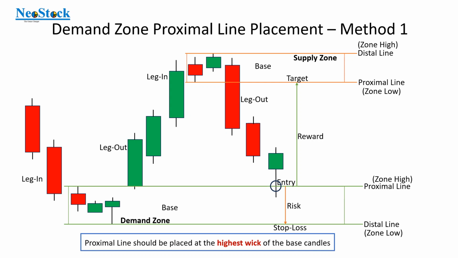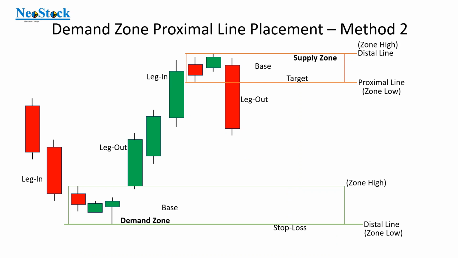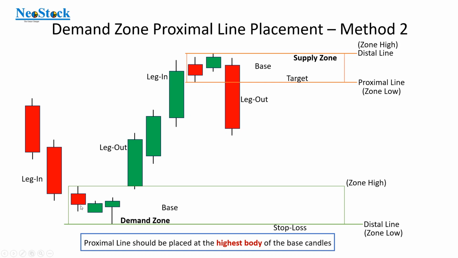Let us look into the second method. What is the second method saying? Proximal line should be placed at the highest body of the base candles. What is the highest body among these three candles? The first candle has the highest body.